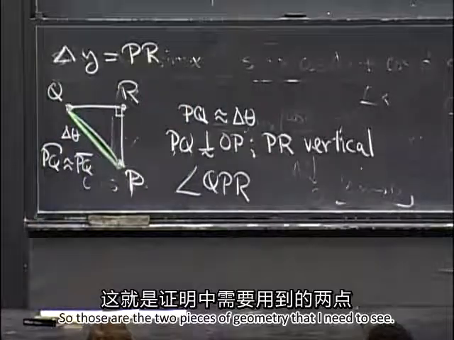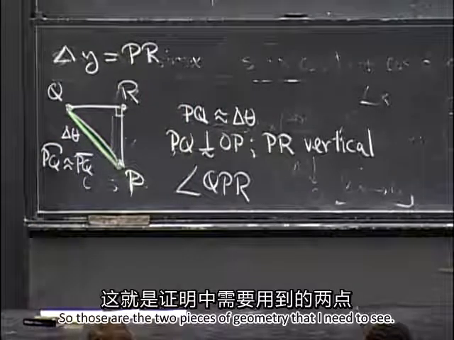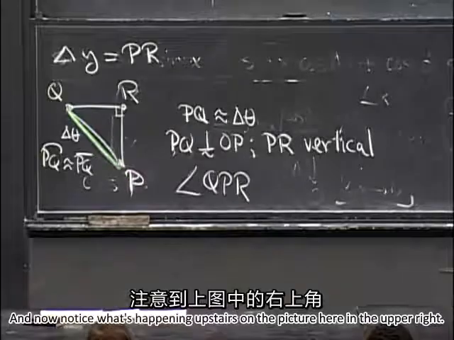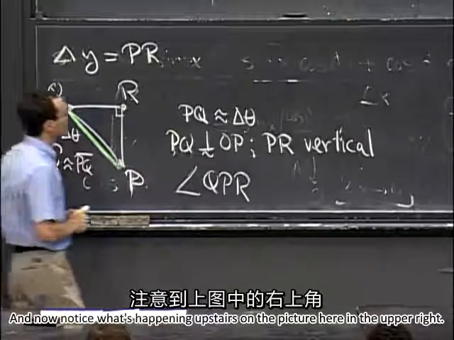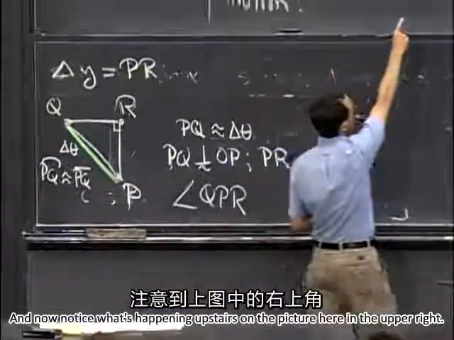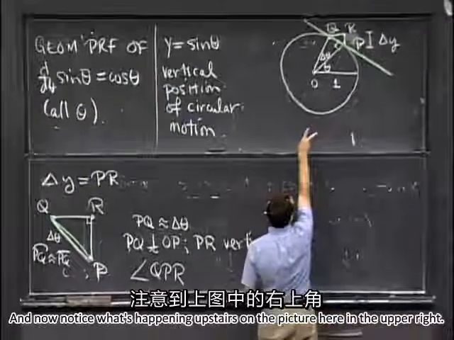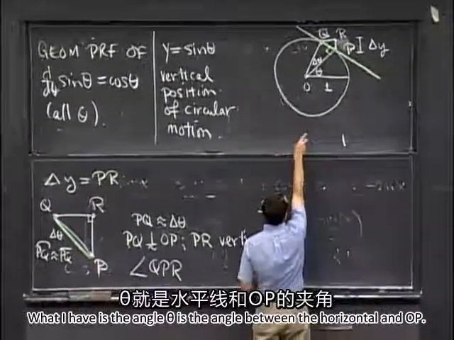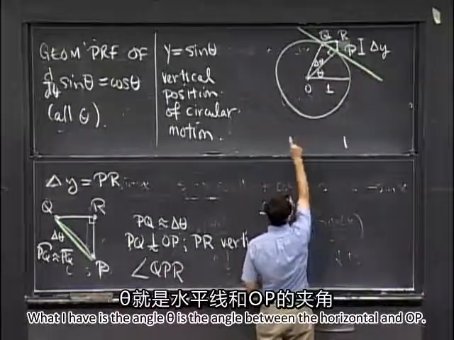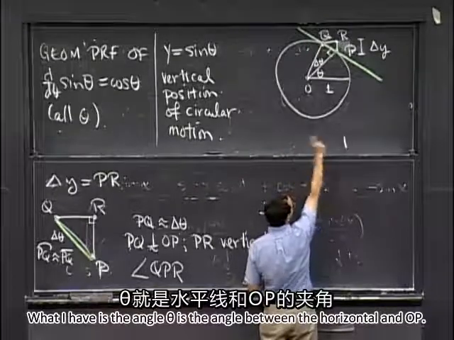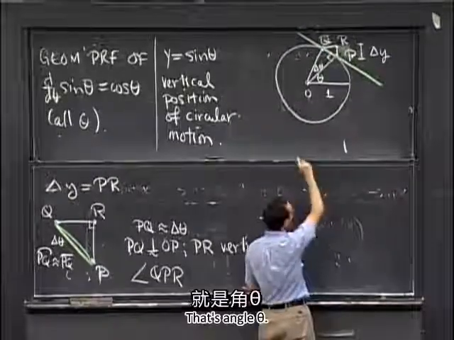Okay? So those are the two pieces of geometry that I need to see. And now notice what's happening upstairs on the picture here in the upper right. What I have is the angle theta is the angle between the horizontal and OP. That's angle theta.